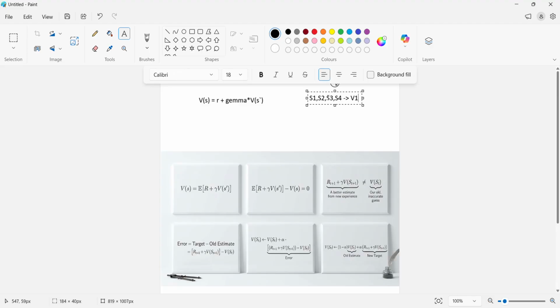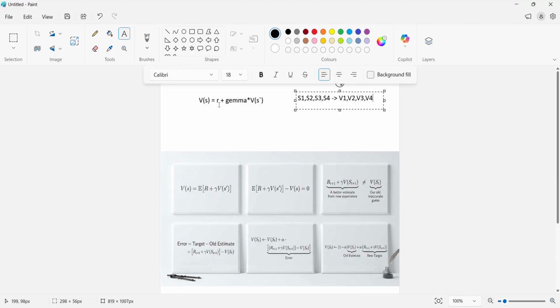So for S1 we would have V1, for S2 we would have V2, for S3 we would have V3, and for S4 we would have V4. And because we have initialized randomly, the V value corresponding to each state is also going to be random. It is only with the passage of time and with more and more training that we are going to reach the actual values of each state in the environment.